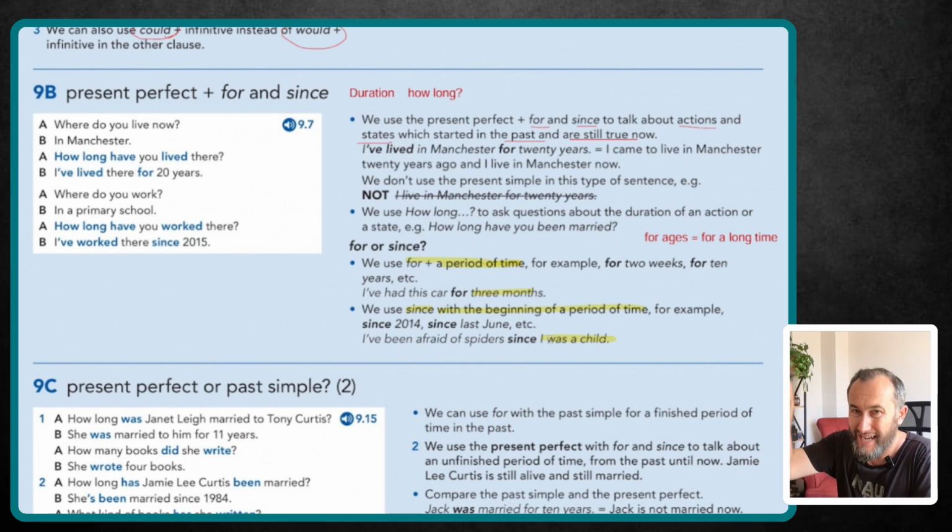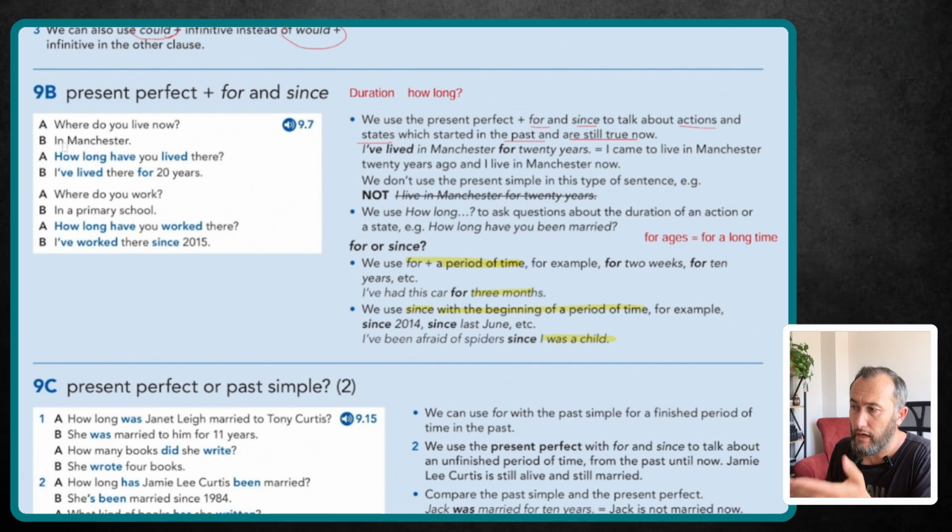So from that time till now, the beginning point, when I was a child, from that till now, when we talk about that, it will be since, guys. Since Tuesday, since September, since August, since 1988, since 2015, since I met him, since I met her, since we started the project. You see the beginning, I'm referring to the beginning or starting point. I must use since, guys.